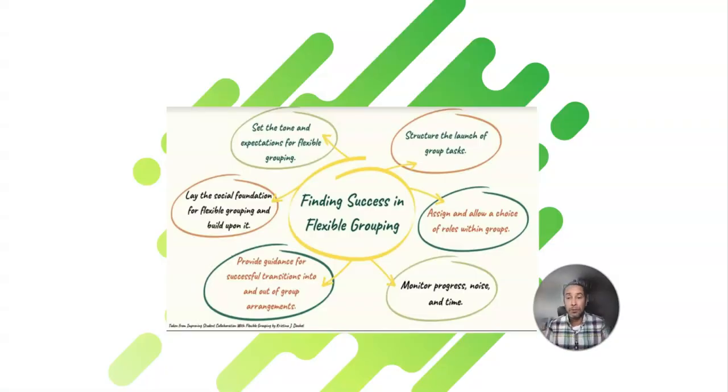To be successful, it is important that we set clear expectations, right? We also need to lay down the social foundation for flexible grouping. Probably we can start with turn and talk, or groups of three, but we need to lay out the foundation and set the tone and the expectations.